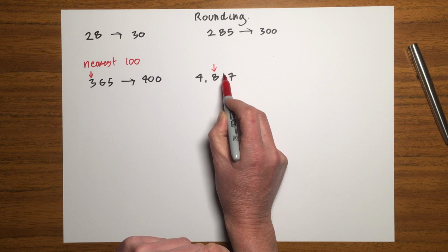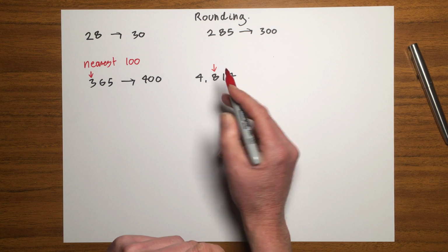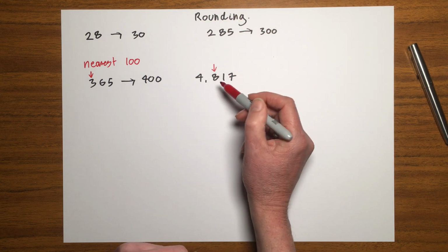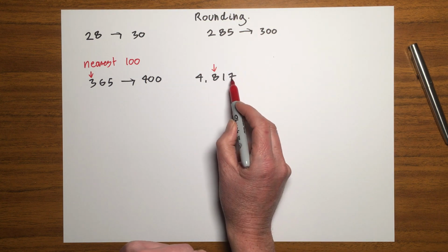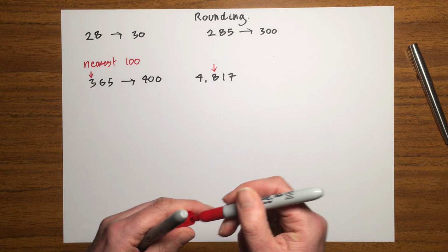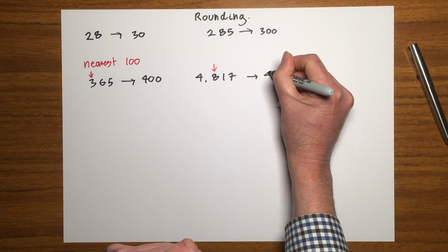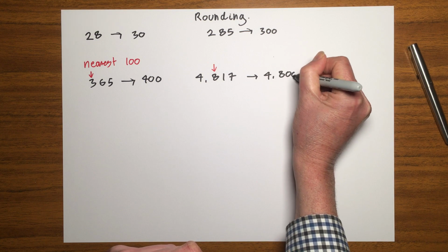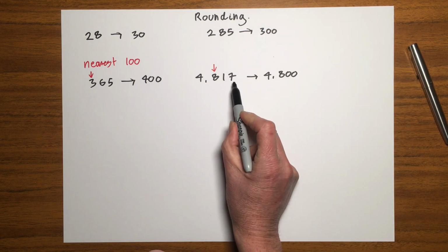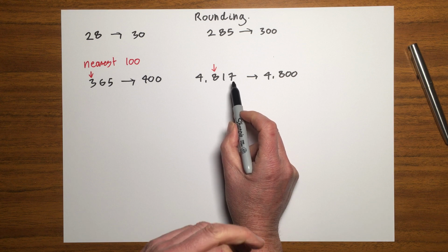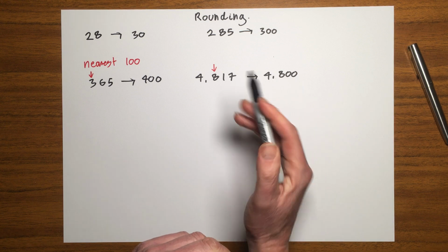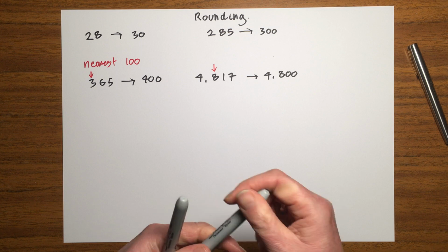I've got 10 in this column. So am I closer to the 800, or am I closer to the next 100 up, the 900? Well, clearly 817, that 1 must mean that I stay at 4,800. Don't worry about any of these other digits because I will never use them. I'll only ever put a 0 in because I'm rounding to the nearest 100.